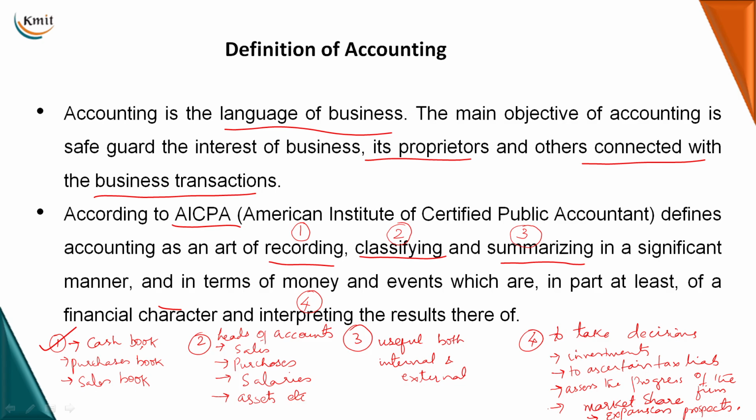Here is the list of accounting books such as cash book, purchase book, sales book, etc. Similarly, the art of classifying involves classification of such data under the various heads of accounts such as sales, purchases, salaries, assets, etc.